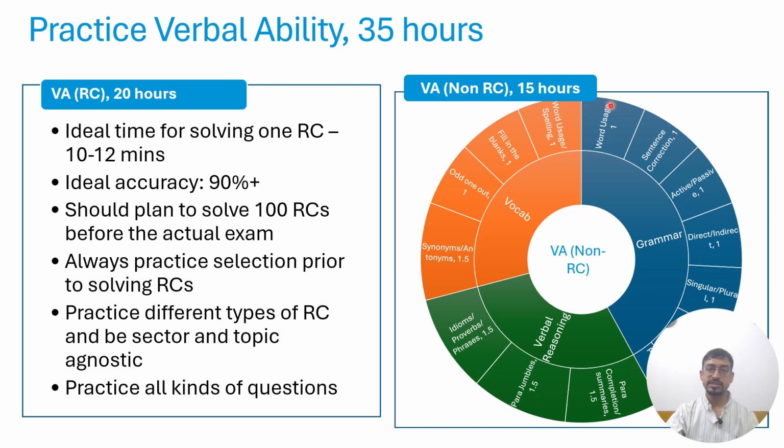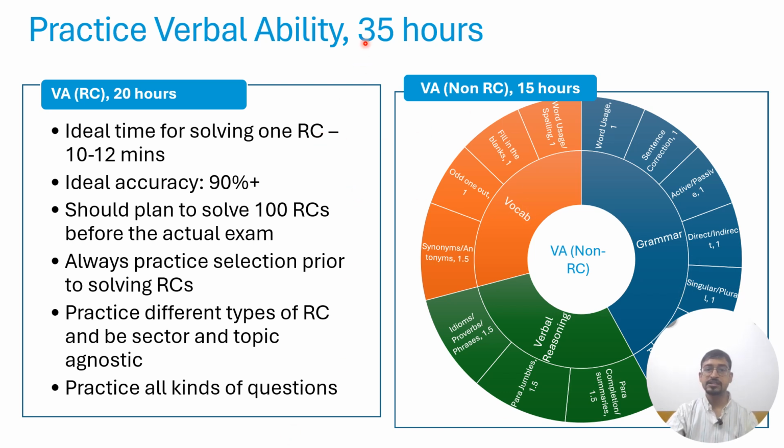The orange ones are all the vocab based questions, the blue ones are all the grammar based questions, and the green ones are all the verbal reasoning based questions. The numbers on the outer sides talk about how many hours you need to practice each of them. For example, for verbal reasoning para jumbles, you need to invest 1.5 hours. Similarly for vocab, odd one out needs to be practiced for close to 1 hour, and so on. This is something that you can keep in mind.